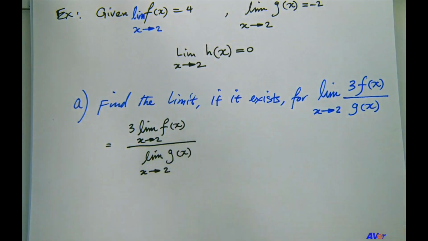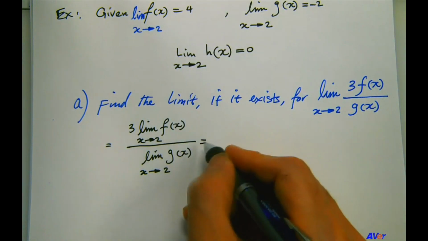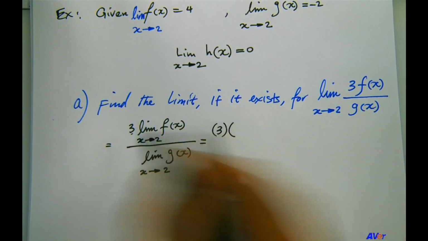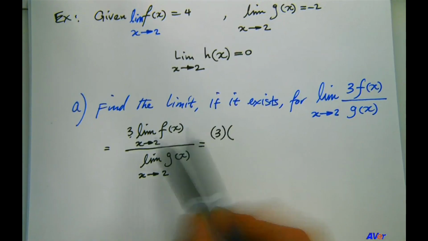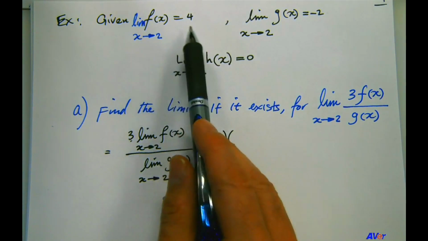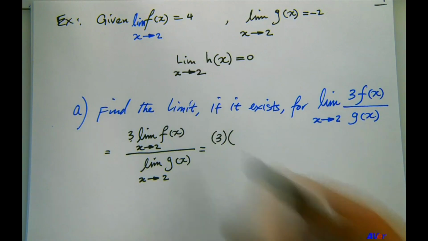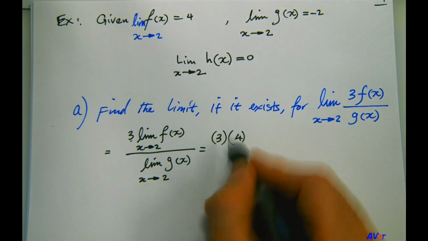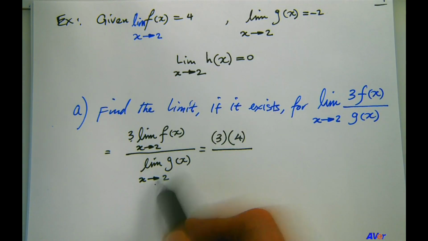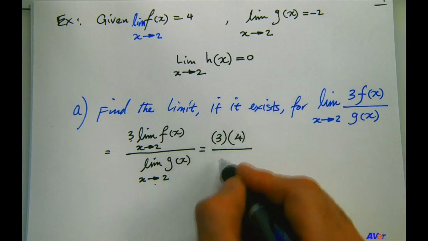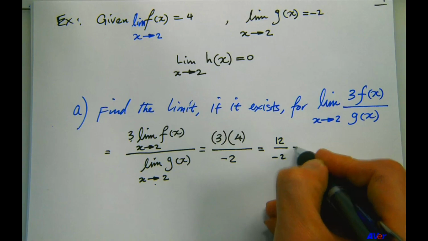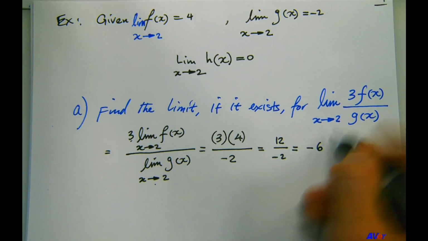We know this from the properties that we just introduced. Now 3 is a constant times the limit of f of x as x approaches 2, and we are given that value, it's 4. So 3 times 4 divided by the limit of g of x as x approaches 2, which is -2, we have 12 divided by -2, which is -6.